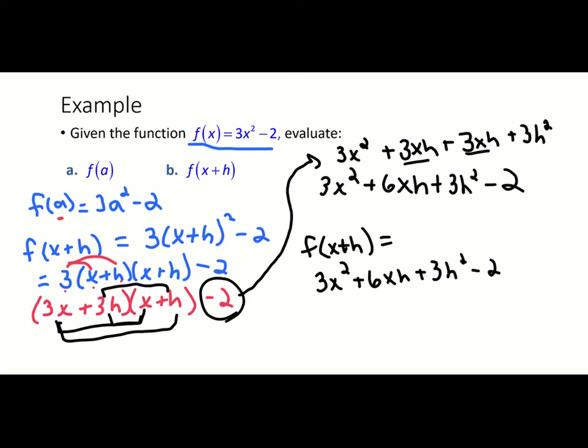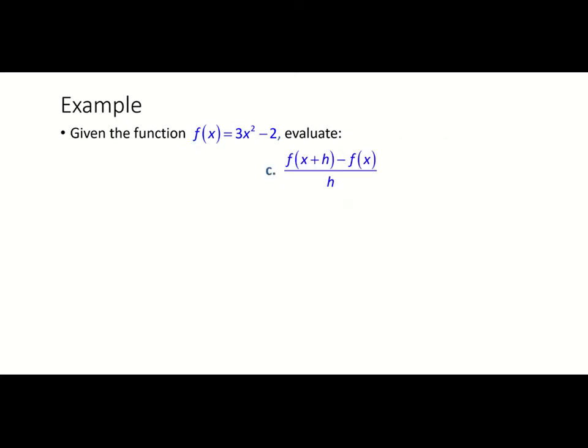All right, so our last one, we're still using the same function as before, 3x squared minus 2. But now we're going to do f of x plus h minus f of x, all divided by h. For some of you, you may see later on, it's really your difference quotient.